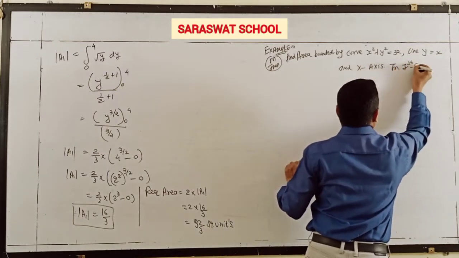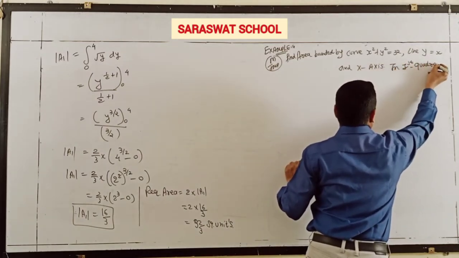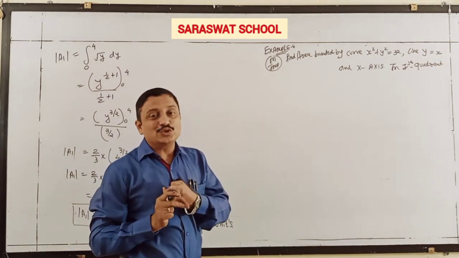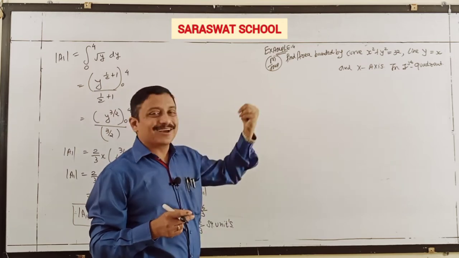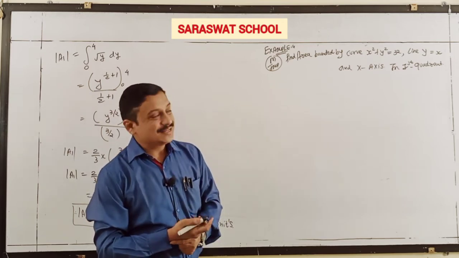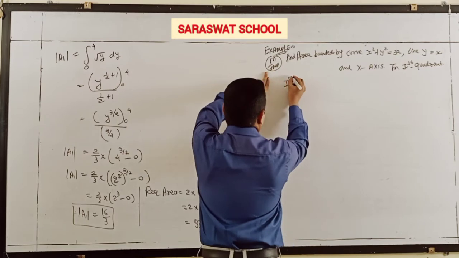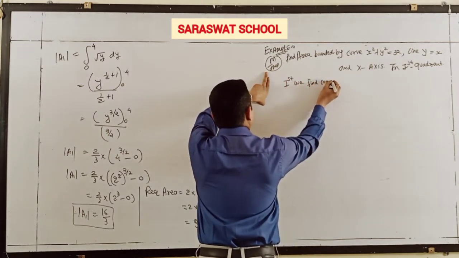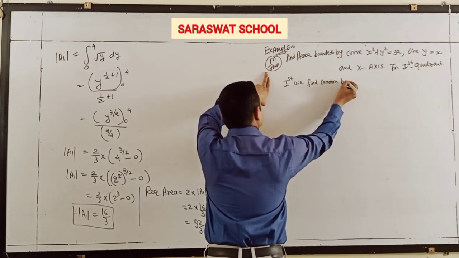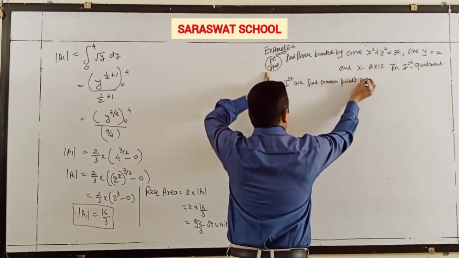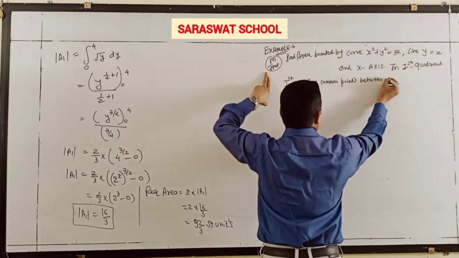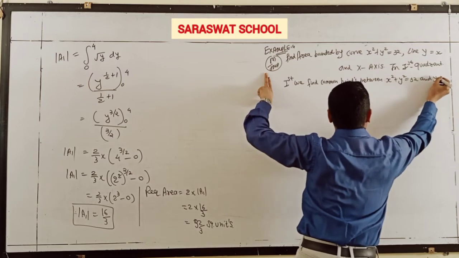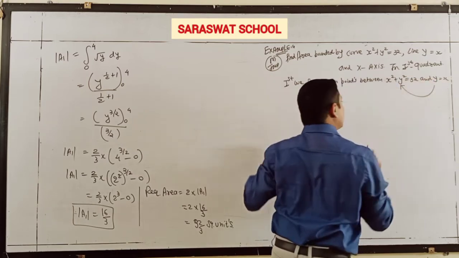In the first quadrant. Yes. First of all, I want the common points of the line and the curve, and it is a circle given, so definitely you take the radius. So, students, first we find the common points between the curve and the line. In this, y is equal to x, put it here.